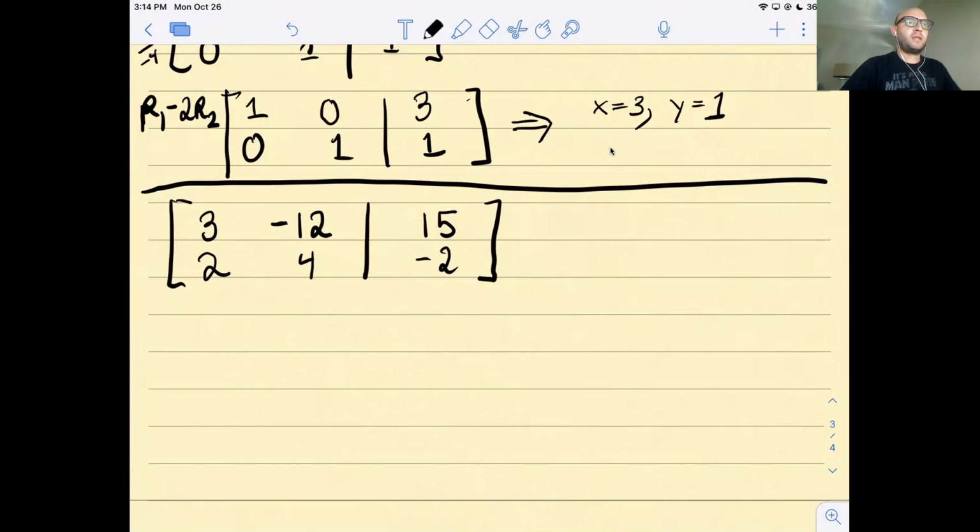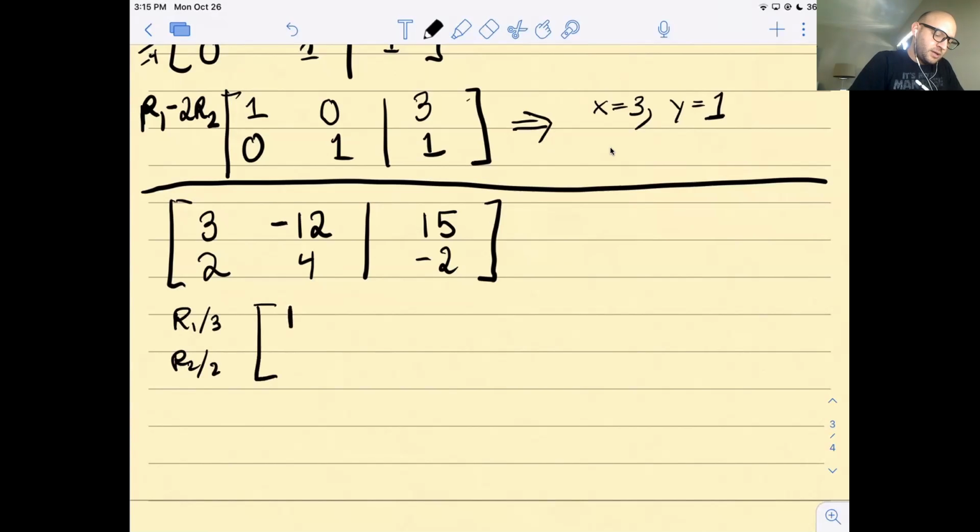I'm gonna write the steps here, but I'm glad that you guys were on the right track. The first thing is you are allowed to do multiple things at once. So the first thing will be divide the first row by 3 and the second row by 2. That would give me a 1 here.